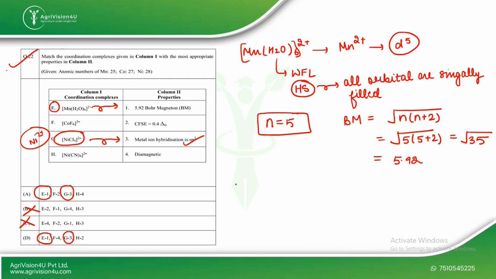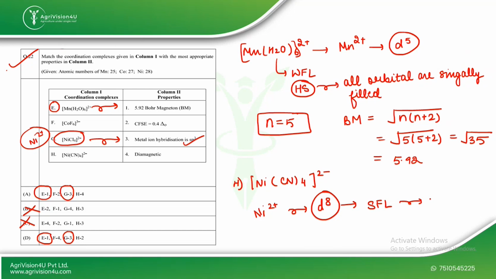Now if we discuss the H option, it is Ni(CN)4 2 minus. So nickel is present in the 2 plus state. 2 plus basically means that it is d8. And in this case the ligands present are strong field ligands.